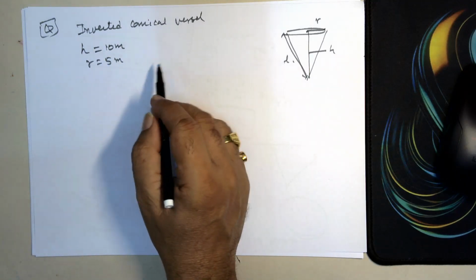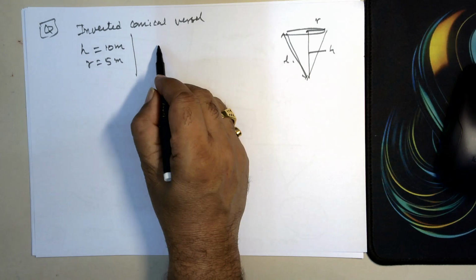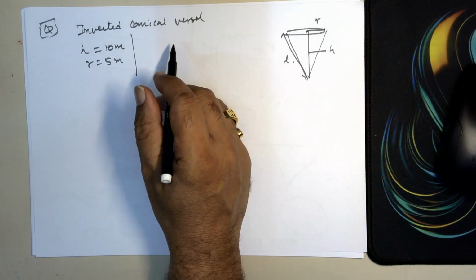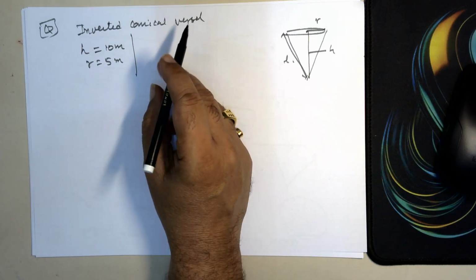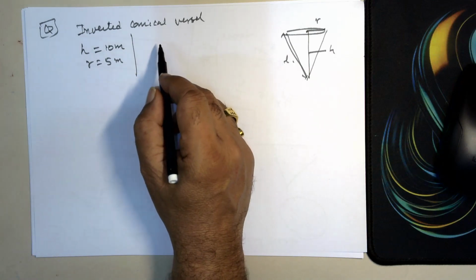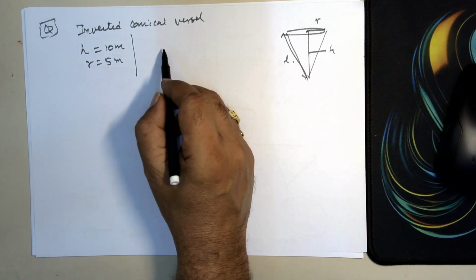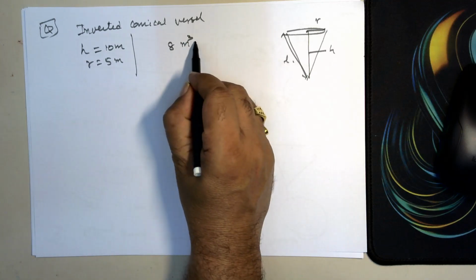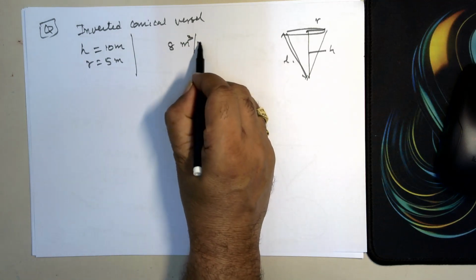Filled with water at the rate of means that there is some small volume, is it not? At the rate of, say, 8 cubic meter per minute.